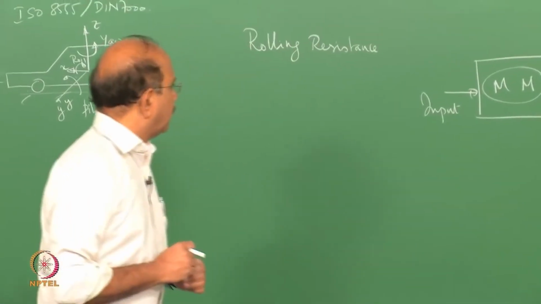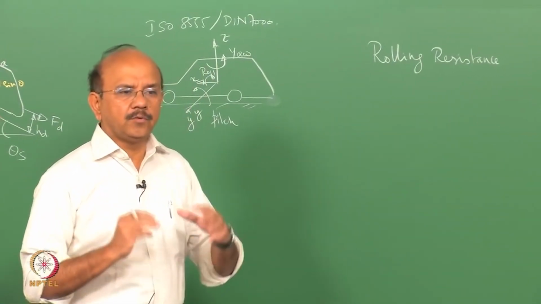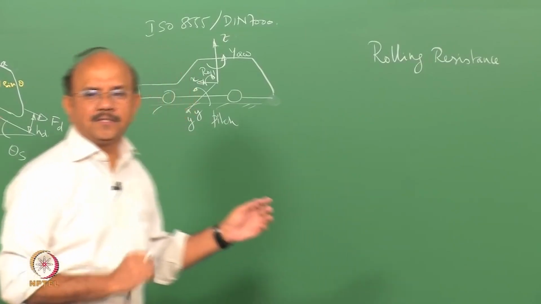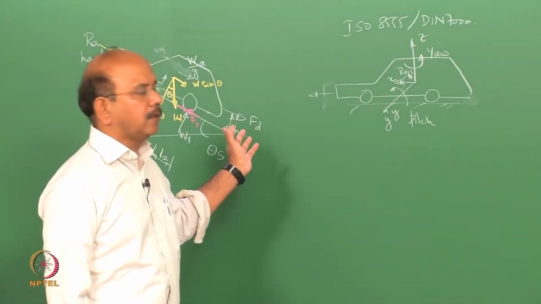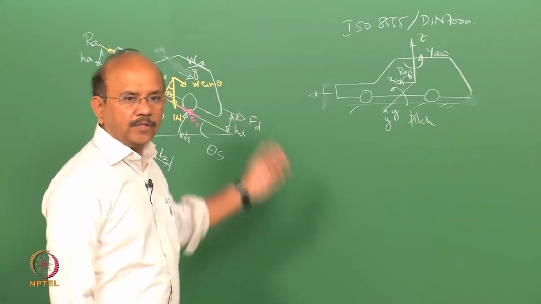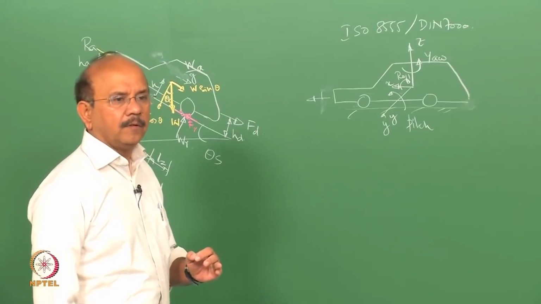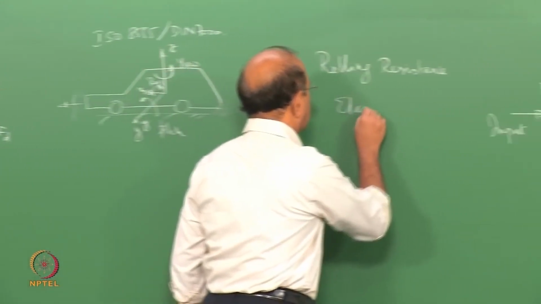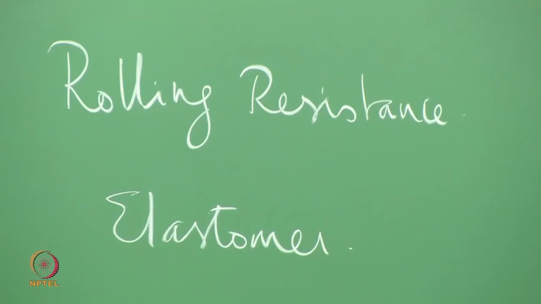Now, there is a misnomer. Many students assume that the rolling resistance is just the frictional resistance of the tire. Absolutely not. It is not the frictional resistance. Rolling resistance comes from the property of the elastomer or rubber, which is the material of the tire.